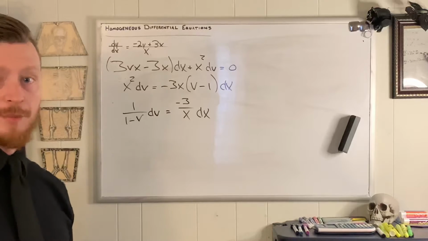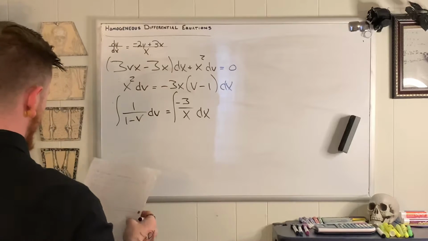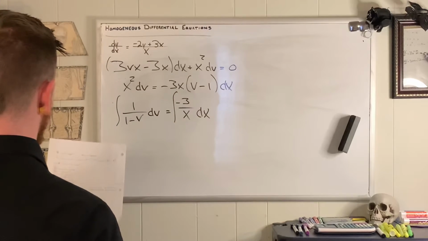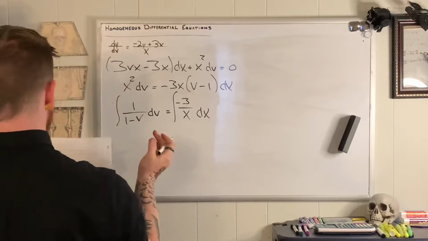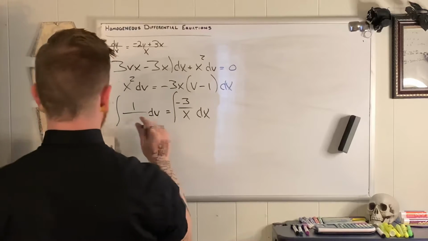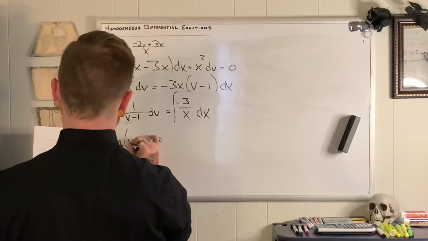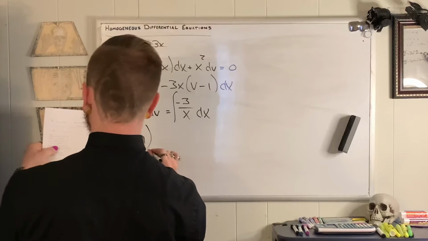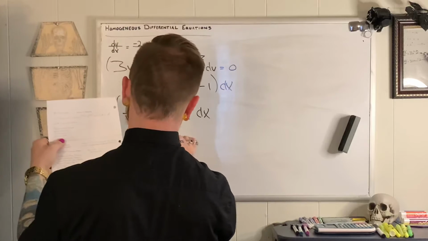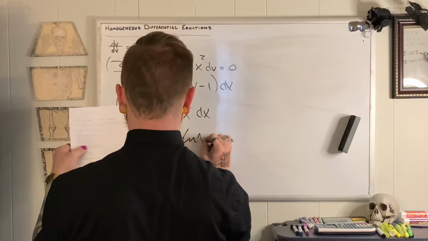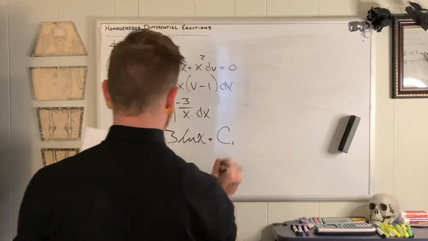So let's go ahead and integrate both sides of our differential equation. On the left, this integral becomes the natural log of v minus 1, or 1 minus v. We're going to change back to v minus 1. So we have natural log of v minus 1 is equal to, well, this integral is just minus 3 times the natural log of x, plus a constant c1.